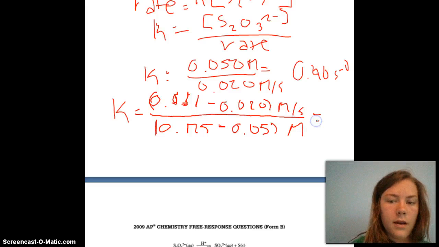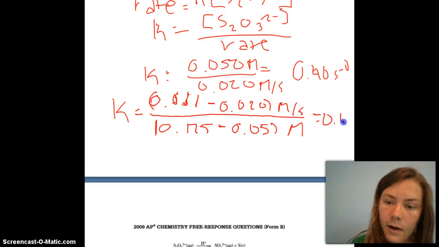So then we also get the rate constant to be 0.4 inverse seconds.